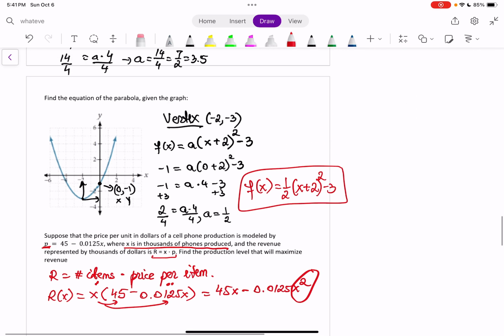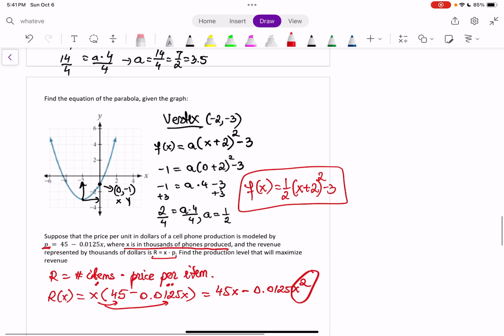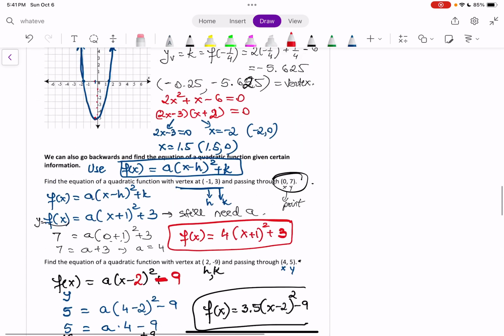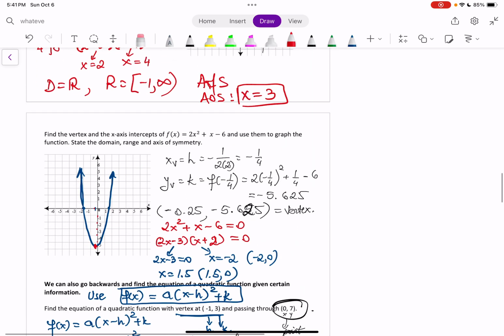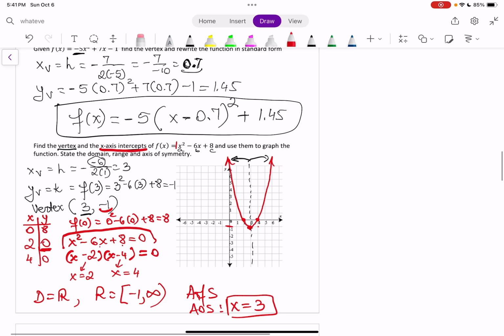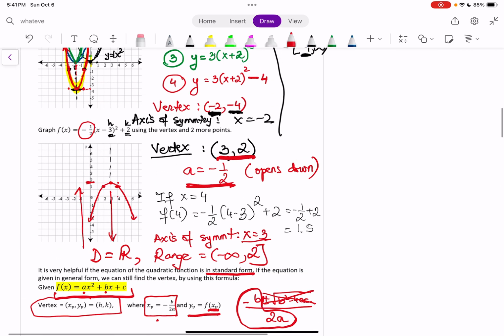So anytime we're talking about an upward-looking parabola, the vertex is the minimum point on the graph, the lowest point on the graph. If the parabola happens to be upside down, the a value is negative, and the parabola opens upside down, then you will have a maximum point on this graph.